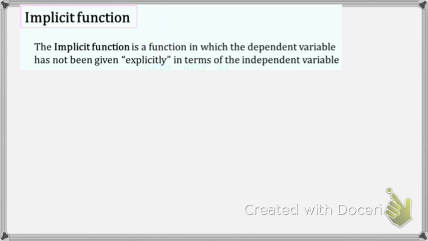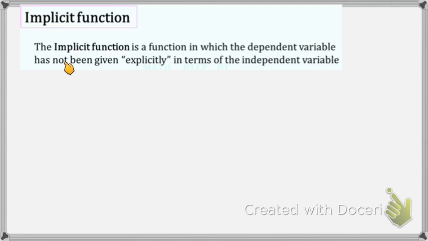But an implicit function means it's a function in which the dependent variable is y, because y is always depending on the value which x takes. Y is a function of x. So y is called the dependent variable.